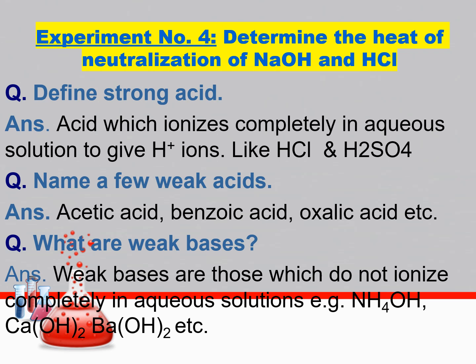Name a few weak acids: acetic acid, benzoic acid, oxalic acid. So these are weak acids. What are weak bases? Weak bases are those which do not ionize completely in aqueous solutions. For example, ammonium hydroxide, calcium hydroxide, barium hydroxide.